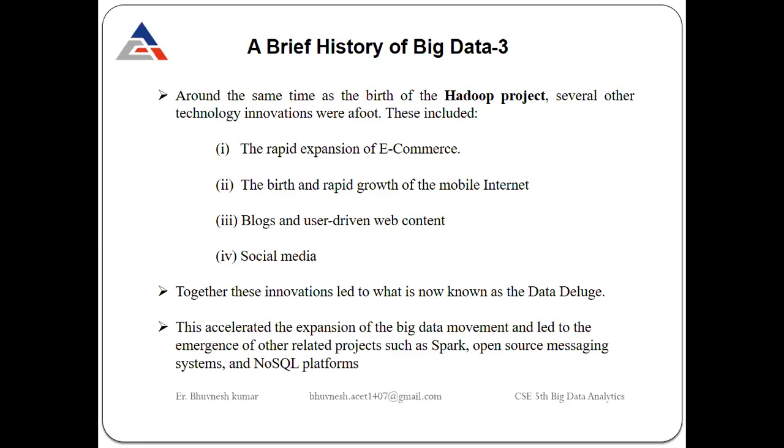Data deluge is a term used because a huge amount of data is generated in a second. If there is an increase in data, then there is a problem to analyze this data.